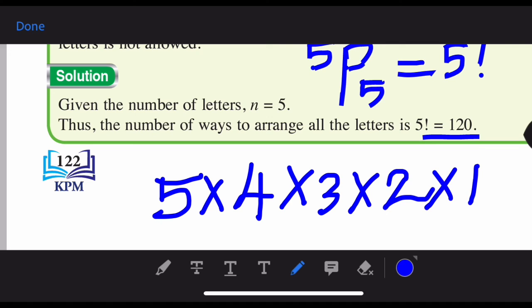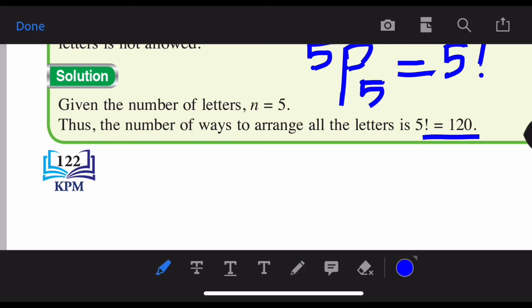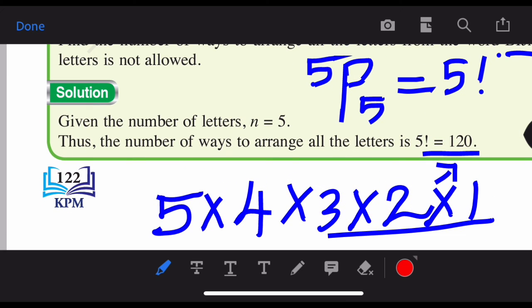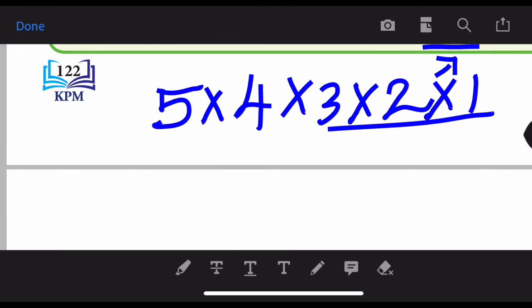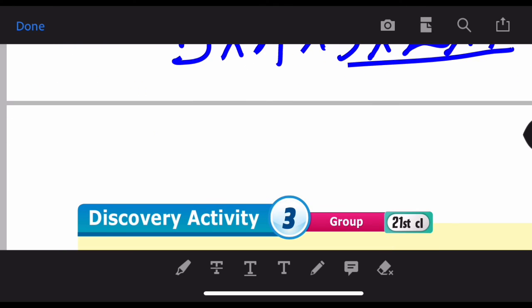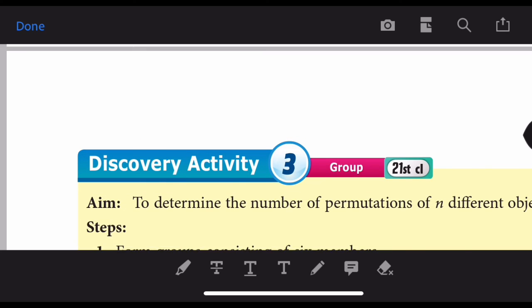Okay, so remember that you have to continue until 3 times 2 times 1. So the answer will be still 120, the same answer. So we have 3 ways to write. Either you want to write 5 factorial, or you write 5P5, or you just write 5 times 4 times 3 times 2 times 1, right?